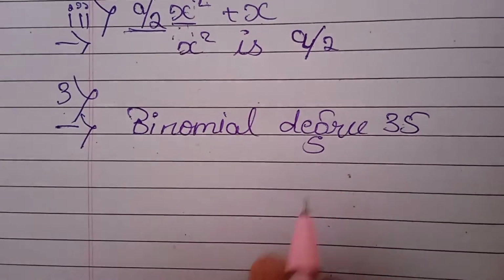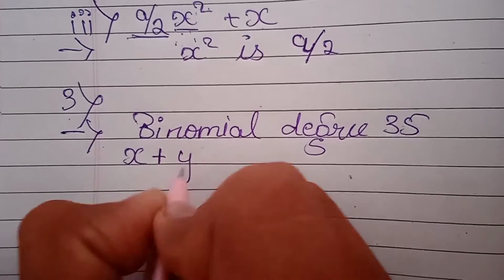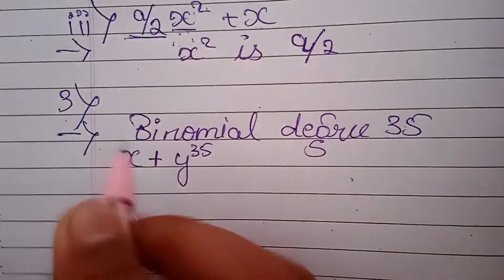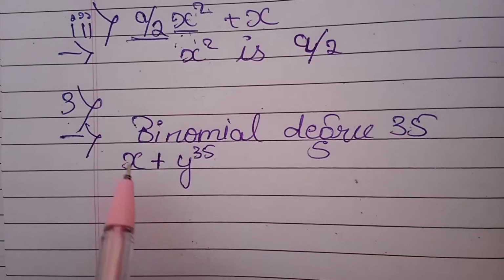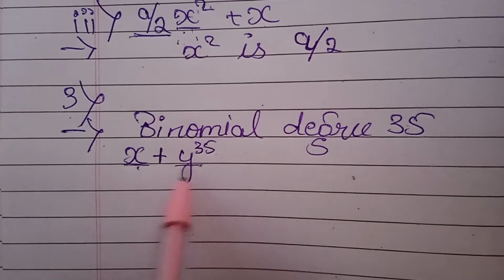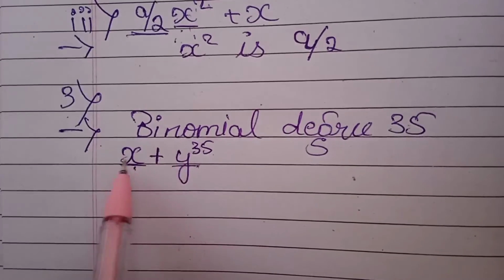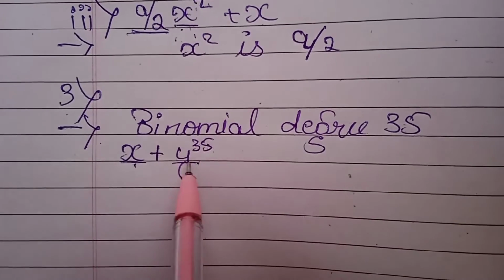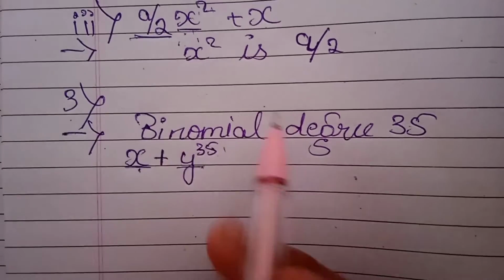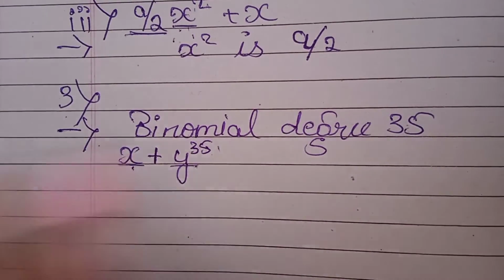Okay, take the example as x plus y raised to 35. In this expression we can find two terms. The expression containing two terms is called a binomial. So y raised to 35, y to the power of 35. They told to give an example of a binomial of degree 35.